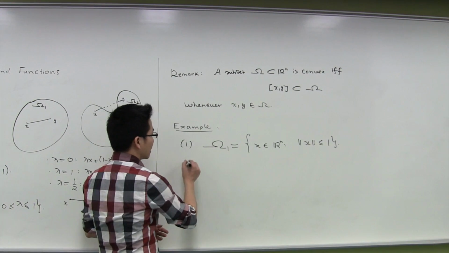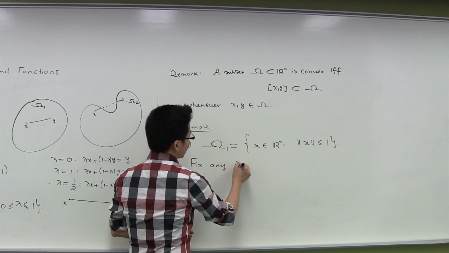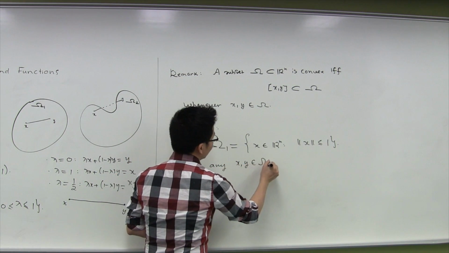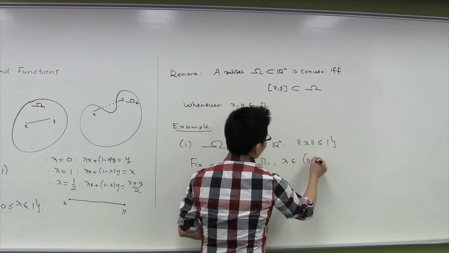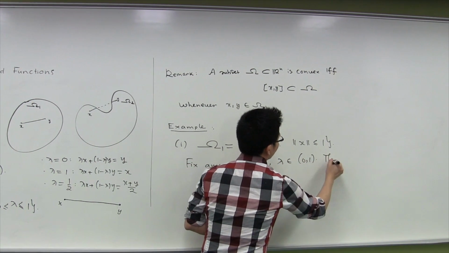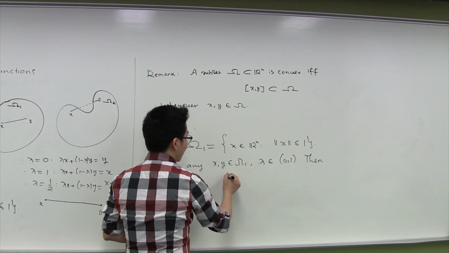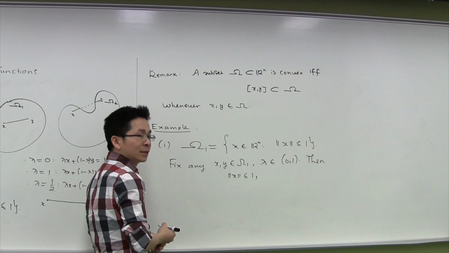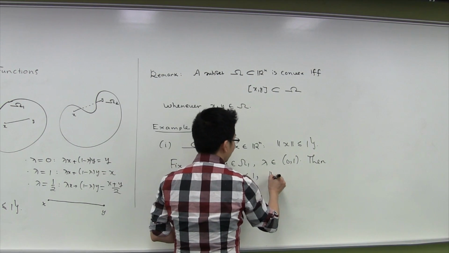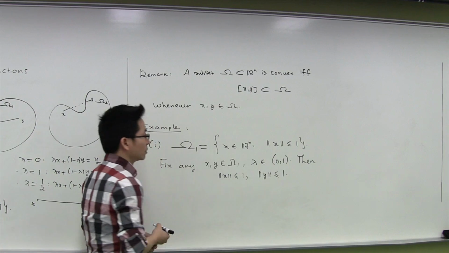Indeed, if we fix any x and y in omega 1 and lambda in the interval 0, 1, then we see the following. The Euclidean norm of x is less than or equal to 1 by the definition, and the Euclidean norm of y is also less than or equal to 1.